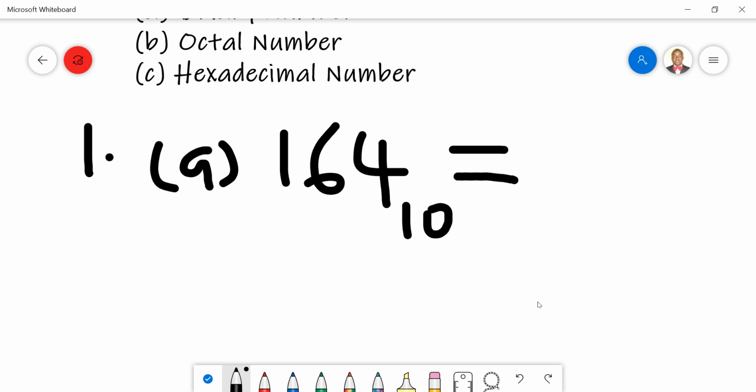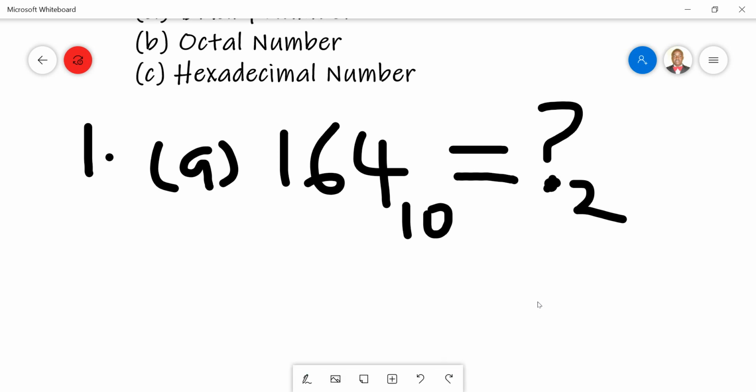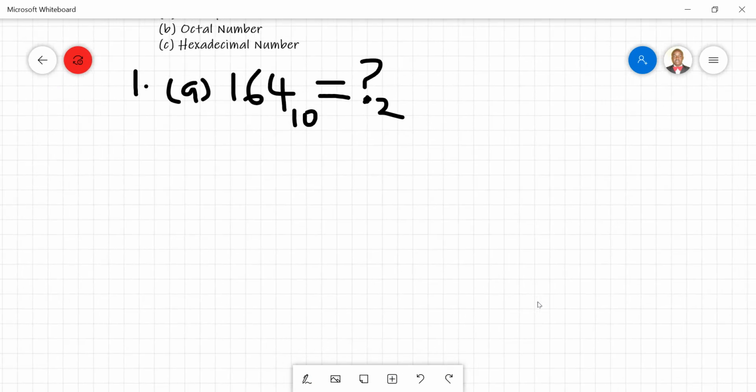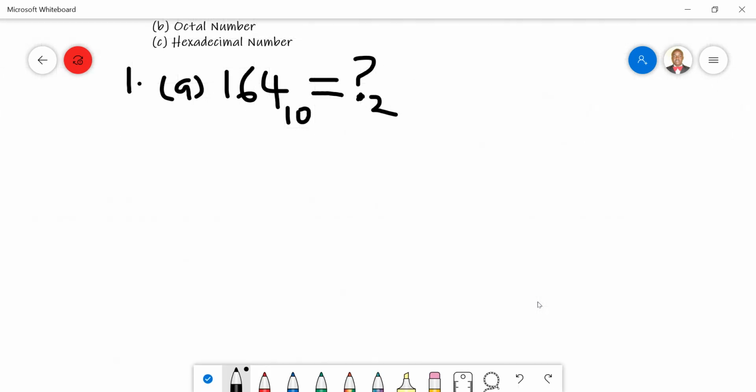The first one, number A, says to binary, which is of base 2. So we want to know what is the binary number for the decimal number 164. I'm going to show you how to do that quickly. So we're going to do the conversion now.